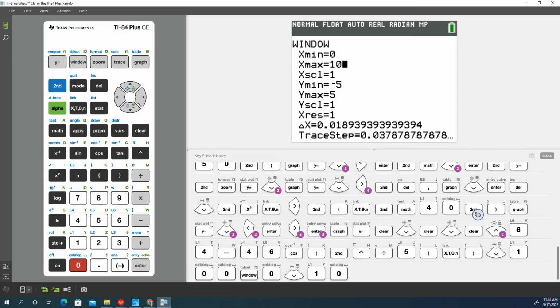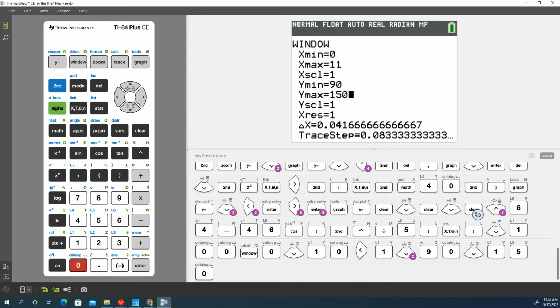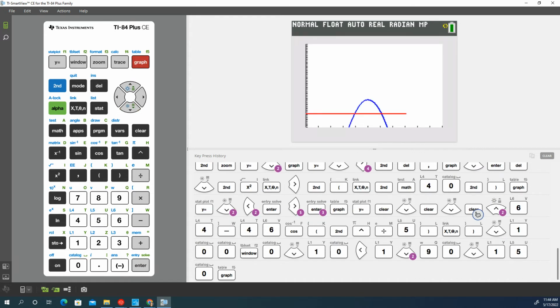If you want to go to 11, that's fine, but I can't have negative time. And then I'm trying to figure out when this equals 100. So I'd maybe start y at like 90 and go all the way up to 150, because it can be greater than or equal to. So here's my time when my height, which is modeled by the cosine curve, is at least 100, in this span.